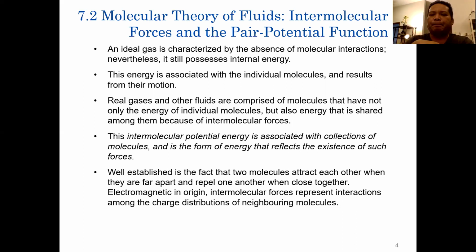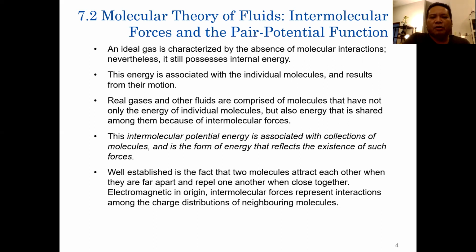So there is also energy that is shared among them because of the intermolecular forces. So that's why the calculations for real gases and ideal gas are slightly different. Okay, right? But it's much easier to do the calculation in ideal gas condition, and then we compare it to or relate it to the real gases.